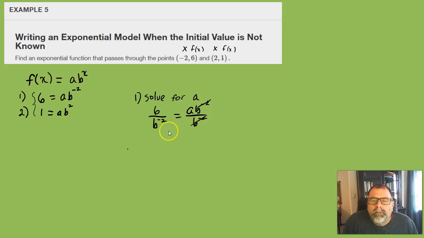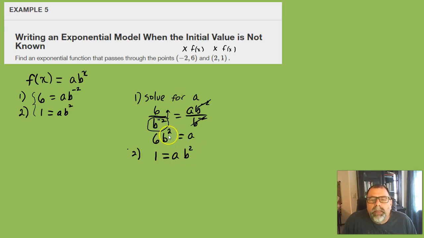So those cancel. And then this, you can simplify. You should know b to the negative 2, I can move it to the top and change the sign of the exponent. So b squared. So now you're going to take this expression and substitute it into equation 2, which is 1 equals ab squared.